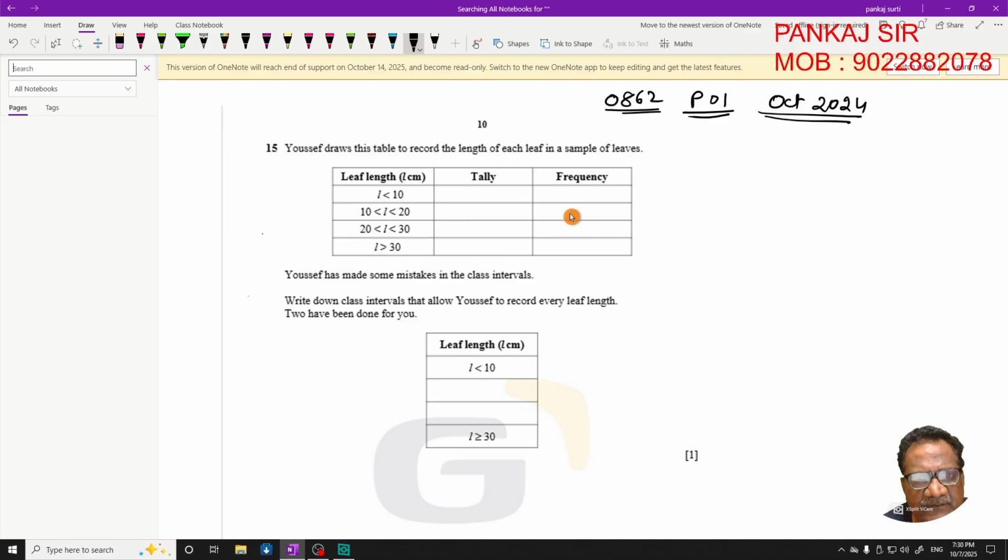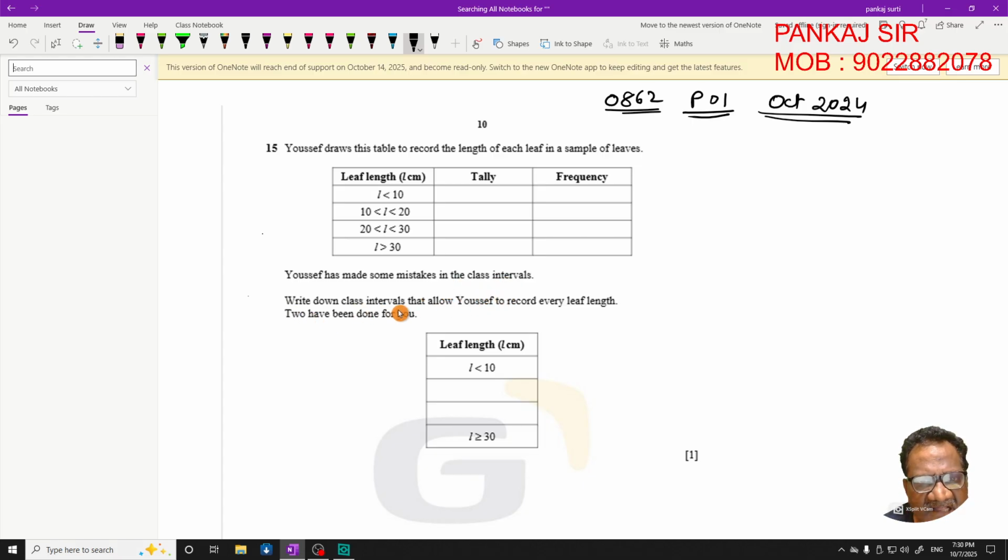But the question says that Yusuf has made some mistakes in the class interval. What are those mistakes that we have to identify?